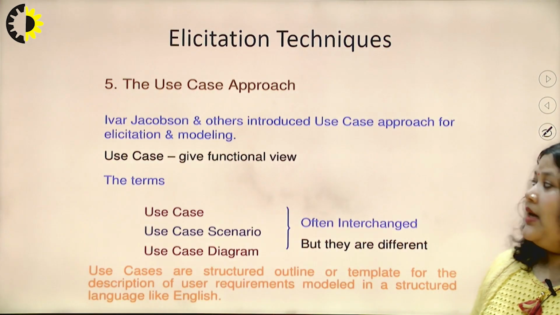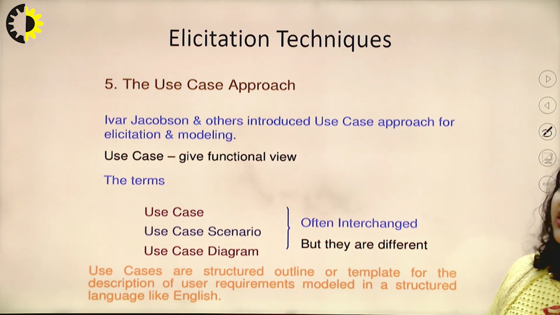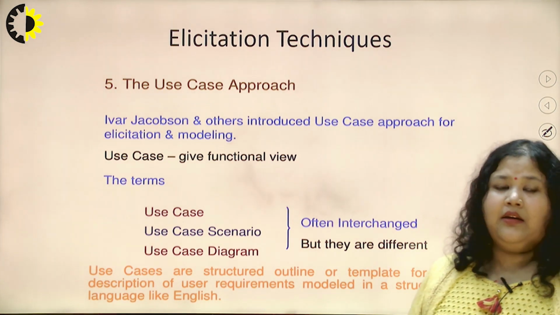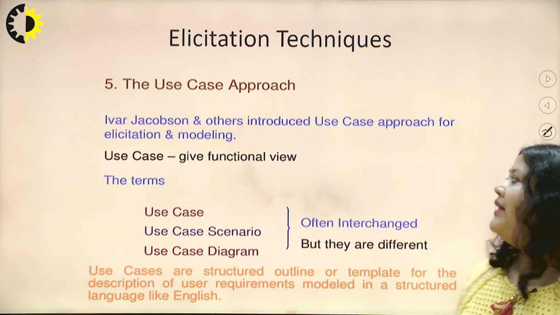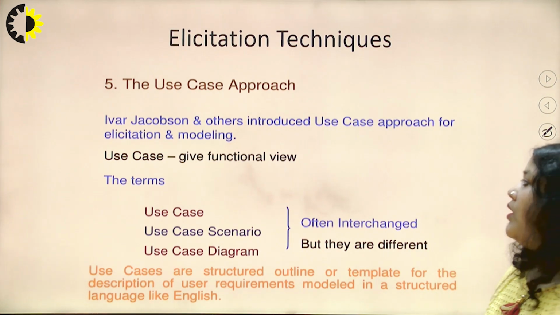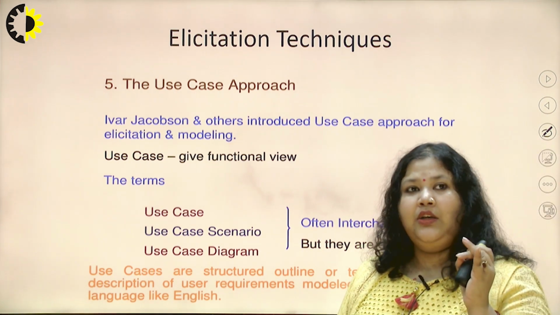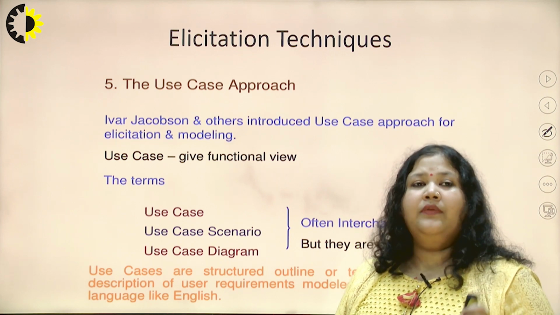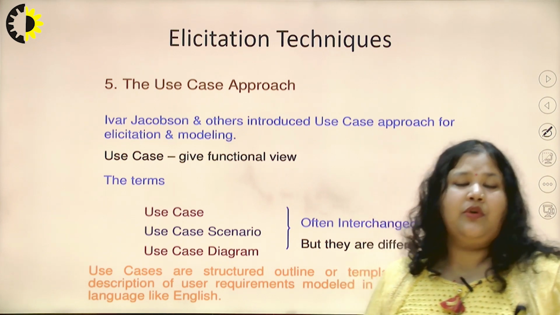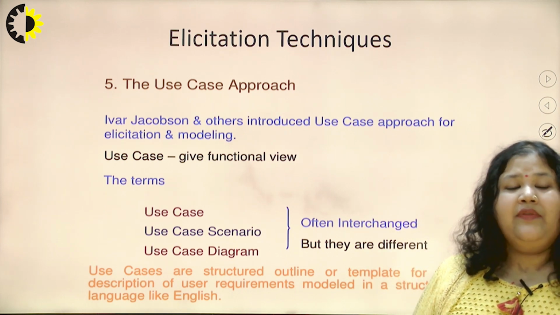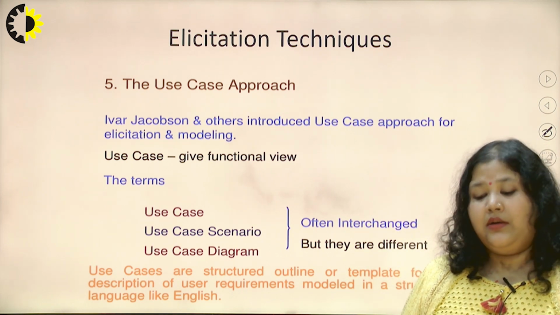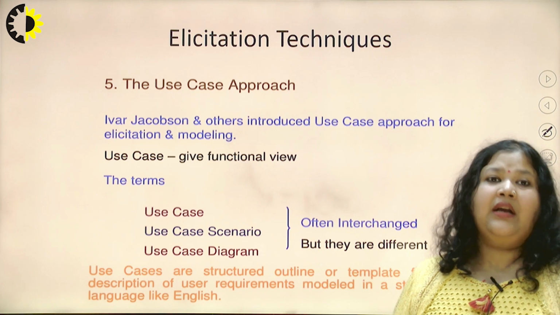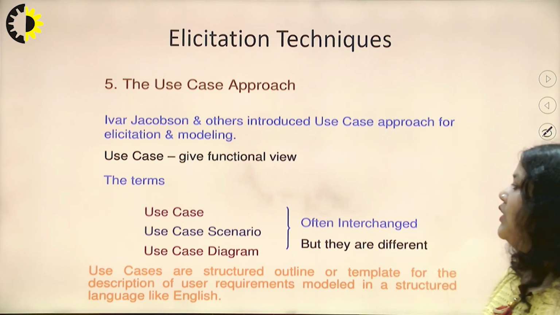Now the last approach is the use case approach. This approach was defined by Jacobson. In the use case approach, we define the requirements in a graphical form using a number of model steps or diagrams. So this is the use case approach.